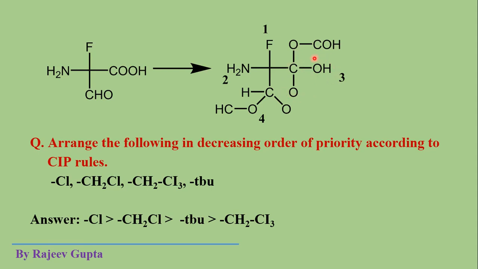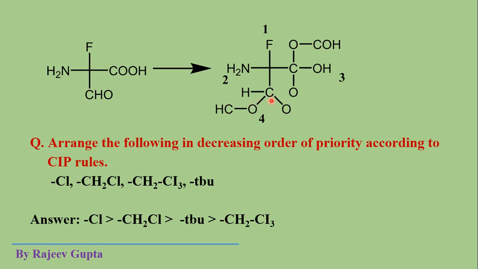This portion which is A goes here, and this portion which is B goes here. So here we see that three oxygen atoms are attached to this carbon. If we break this C double bond O, then we get this portion A which comes here, and this oxygen here.